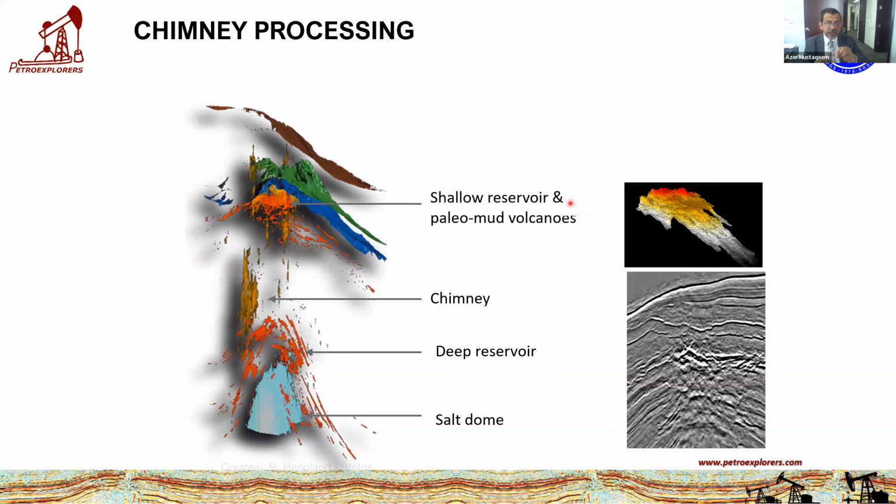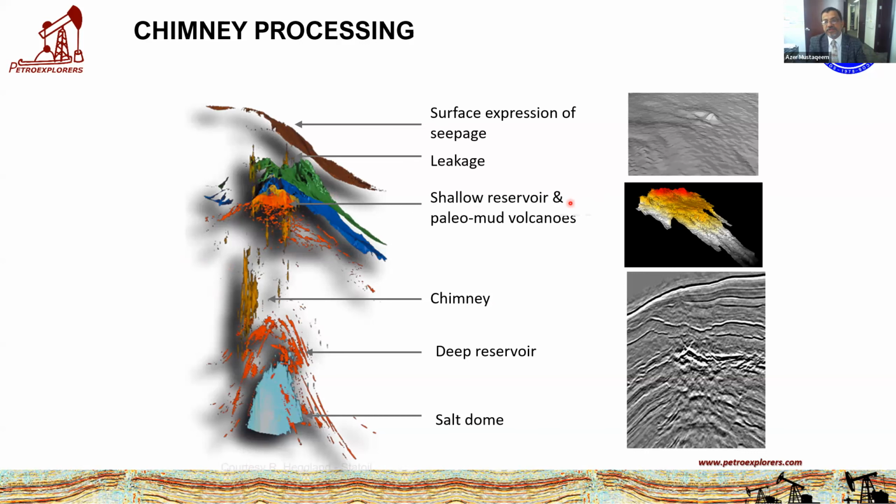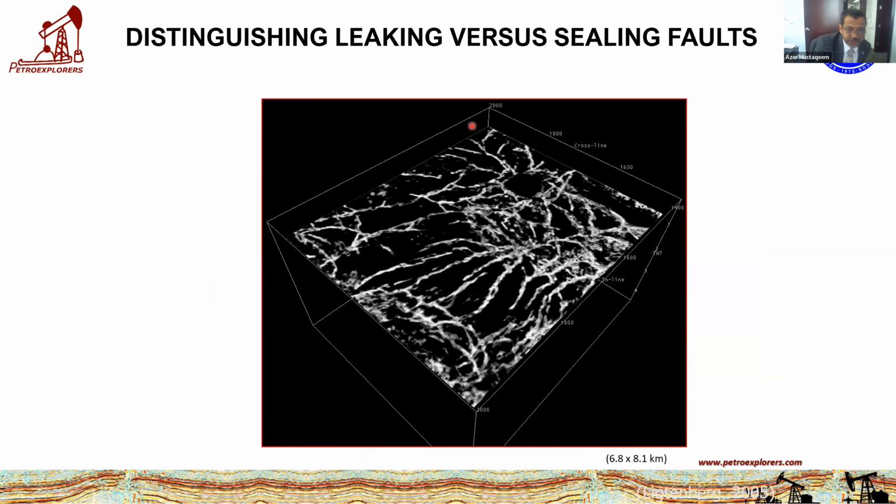You can see the older pock marks, and then going to leakage, which could be a surface expression of the seepages, like this one under the ocean floor. But then you can put together the whole petroleum system using these migration attributes. And actually, chimney is a combination of attributes, which we can talk about. So gas chimney analysis can actually put the petroleum system together.